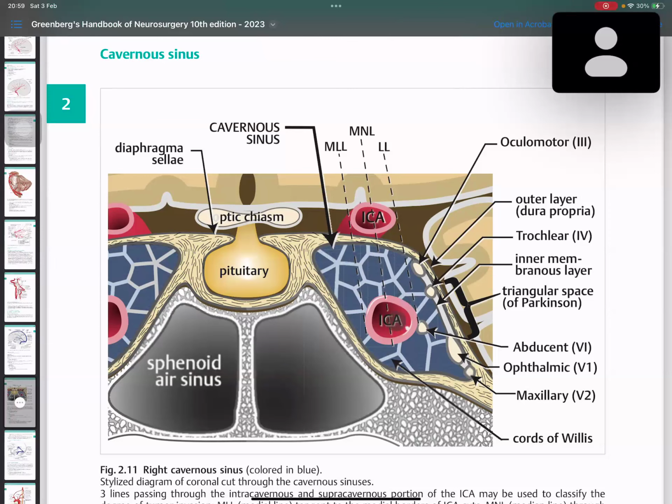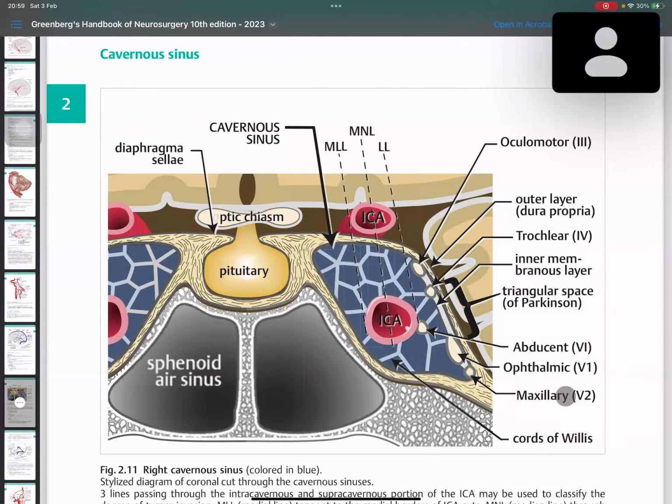I think one day one of us posted the different safe triangles that we could pass through to reach different aneurysms at the skull base. Here is the Parkinson triangle, which is very famous, where you can pass safely without injuring nerves to clip an aneurysm at this level.